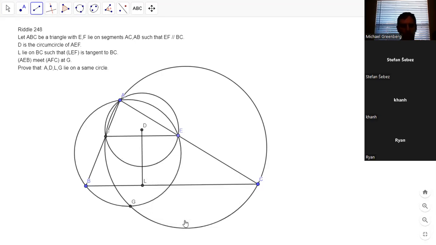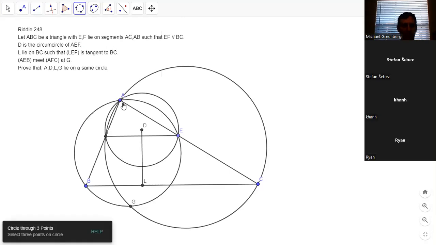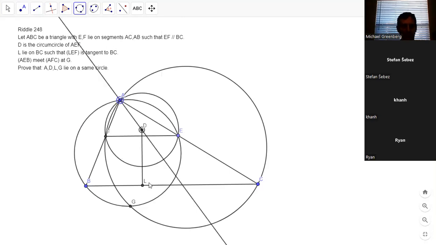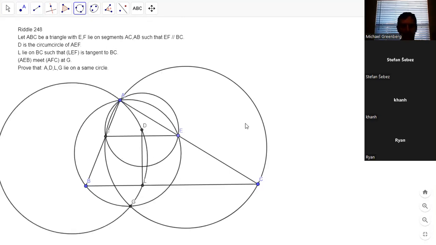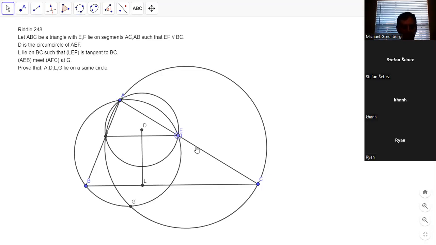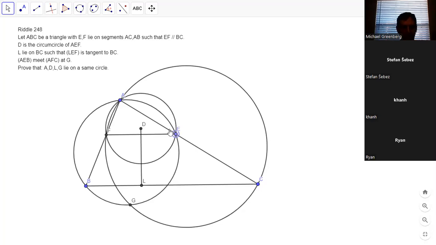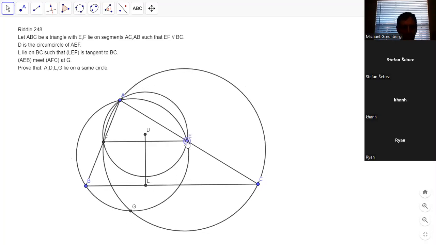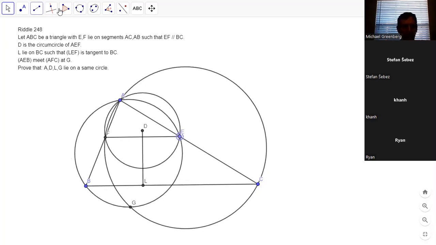Is AG perpendicular to BC? No, I don't know why I thought that.